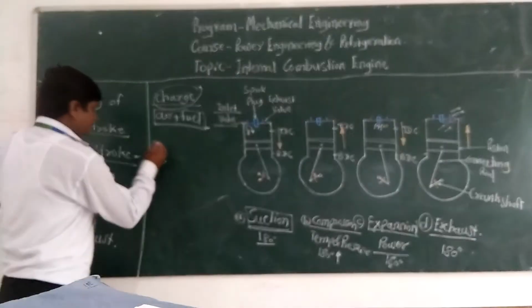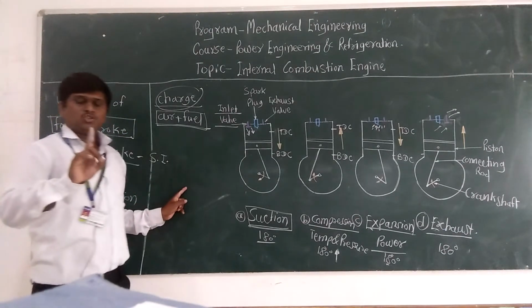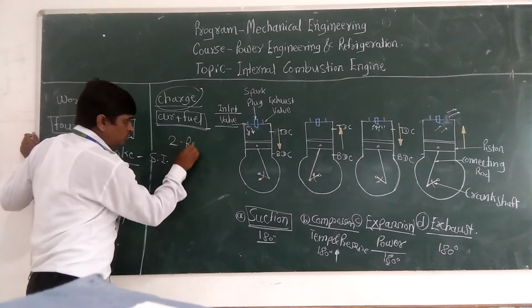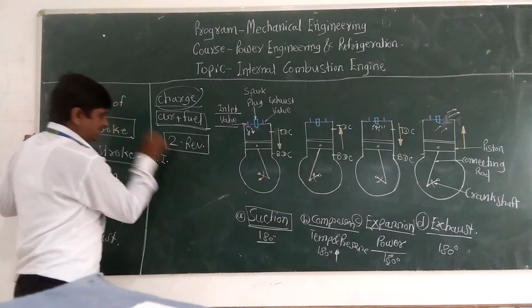If you see, in the 4-stroke petrol engine, 1 power stroke is completed in 2 revolutions of the crankshaft. How can we say that?